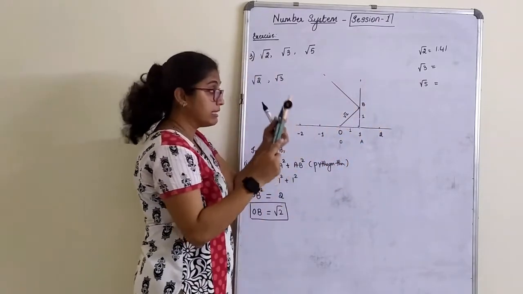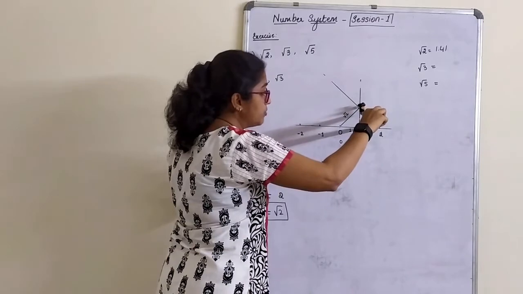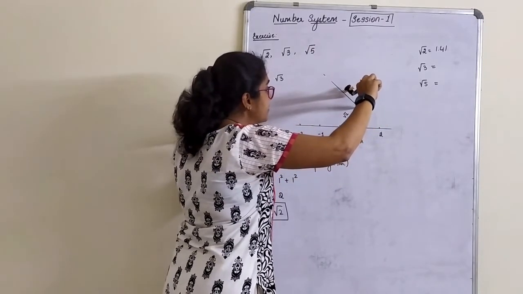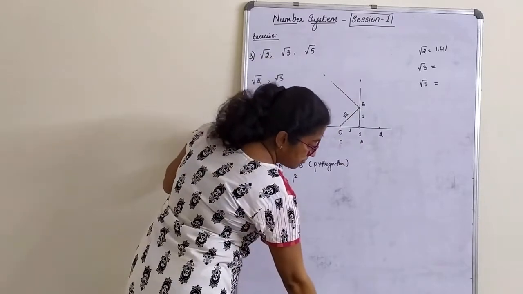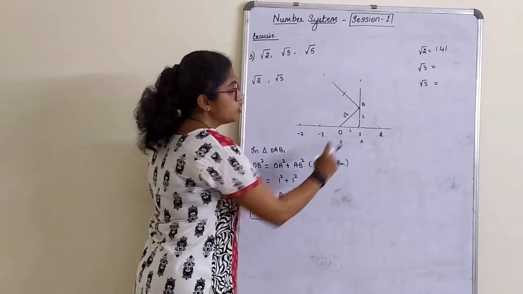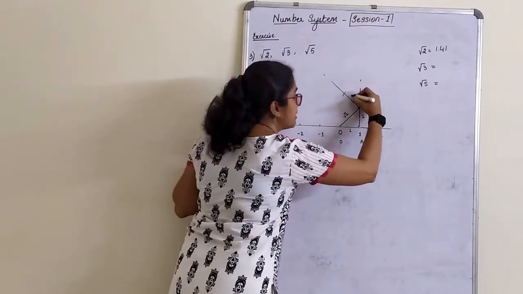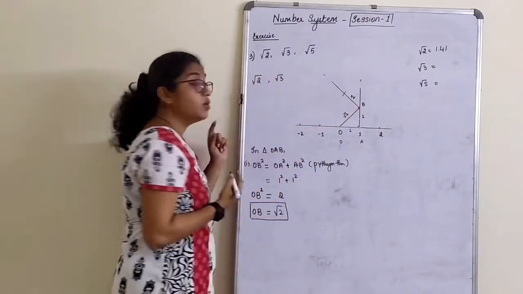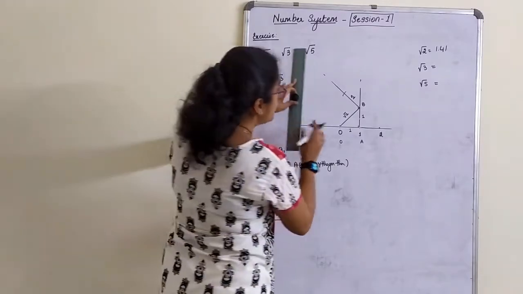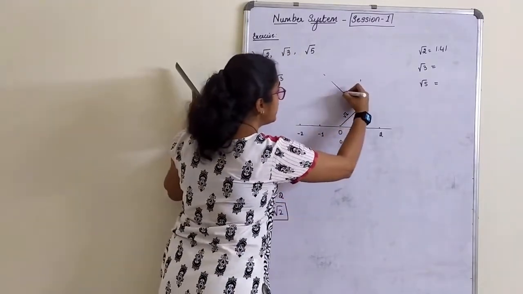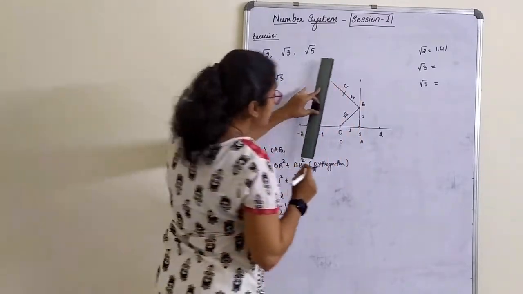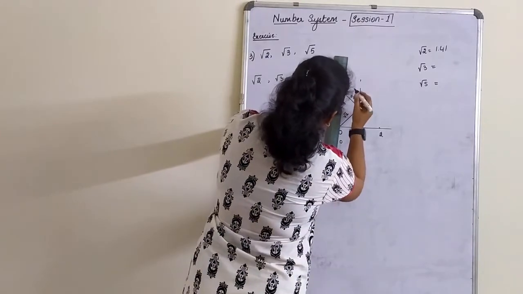Take that same 1 unit here, keep it at this point and cut it. So this is the 1 unit I have used to cut it. I will write 1 here also. Very clear now? So the next is to join. Now this is O, this is B. This point I will name as C. Now I will join OC.